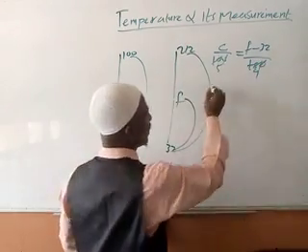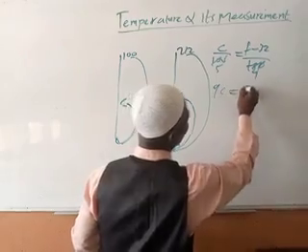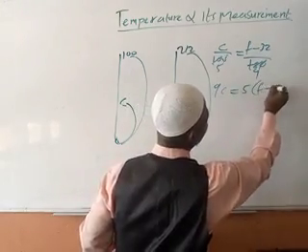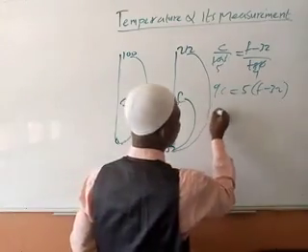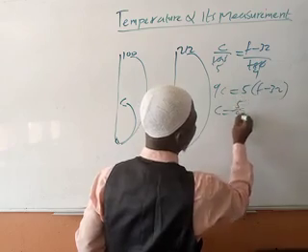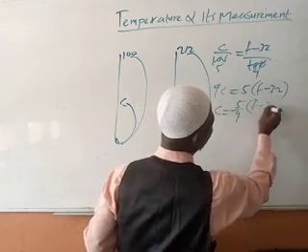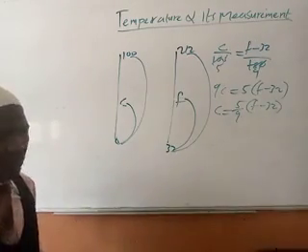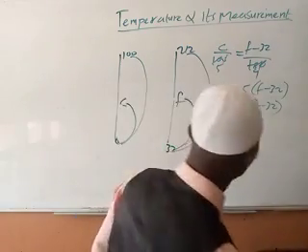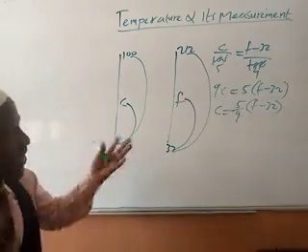So you cross multiply, and we have 9C is equal to 5 open bracket F minus 32. If it is C you are looking for, just make it the subject of the formula. Therefore, C is equal to 5 over 9 into F minus 32. And if it is F, that is Fahrenheit, you are looking for, we make it the subject of the formula. Very simple.